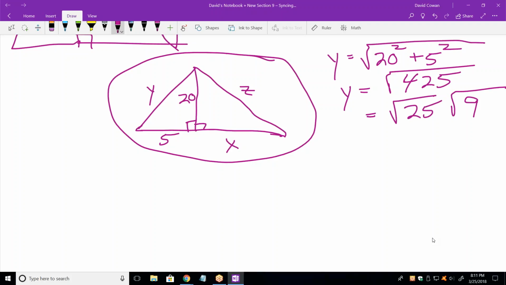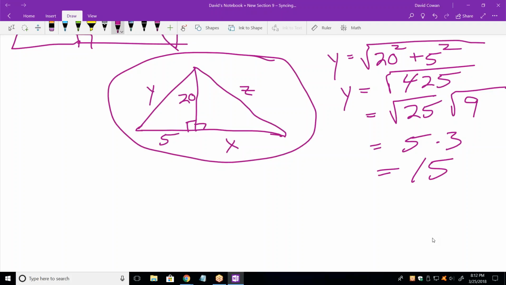Well, when you are simplifying radicals like this, what you're trying to do is factor the number 425, and you want one of the factors to be a big perfect square number. Well, turns out that both of them are perfect square numbers. So that's 5 times 3. That's 15.